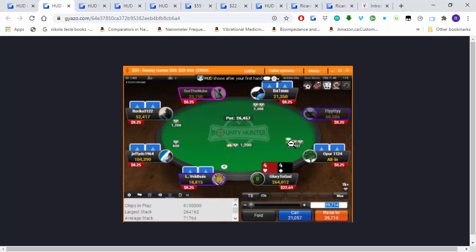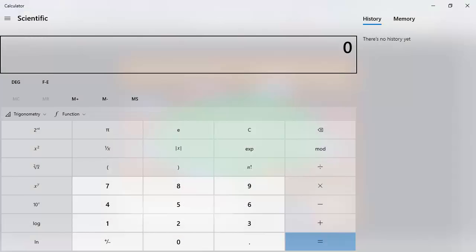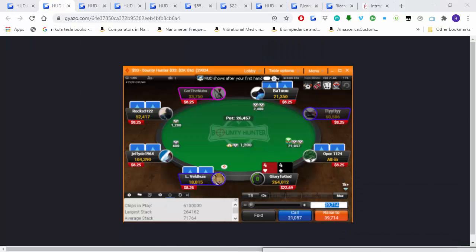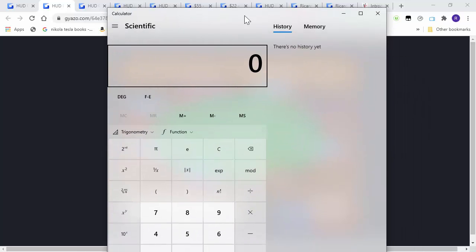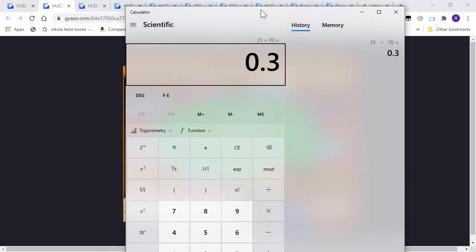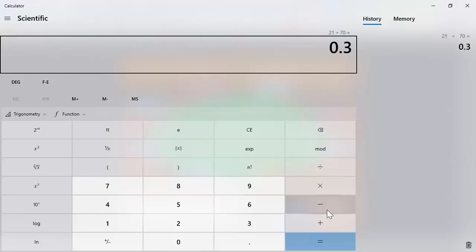Actually, let's see. If he calls off as well, there'll be 50 in the pot. Calling 21 to win 71.3, minus 10% required.